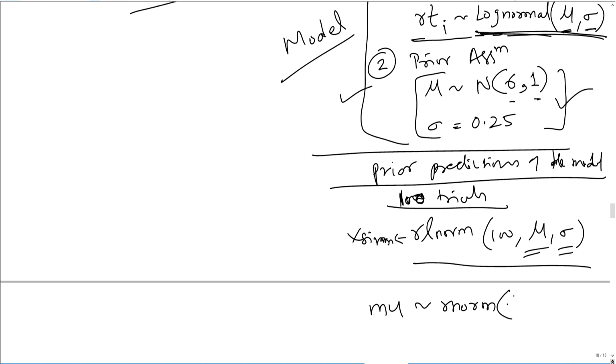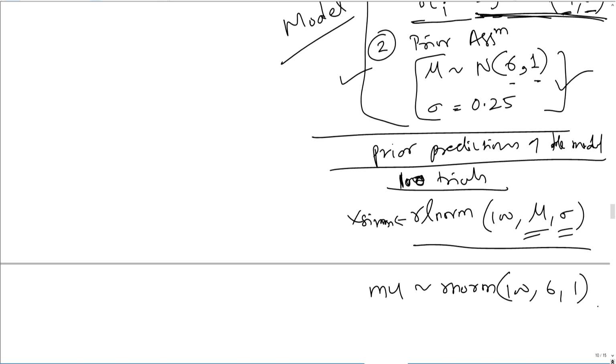Let us say I draw 100 samples of mu from a normal distribution with mean 6, standard deviation 1. And sigma remains fixed, so we do not need to worry about it. Sigma is always 0.25. Now, let us say 500, just to make a distinction, 500 samples of mu from its prior distribution.